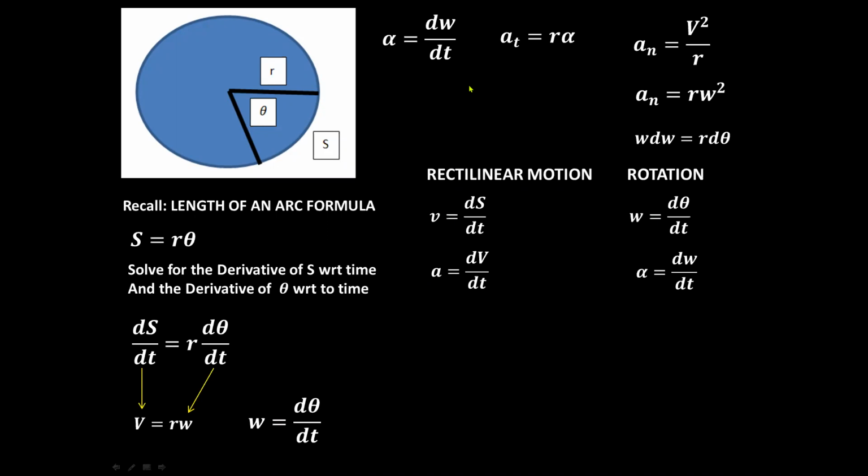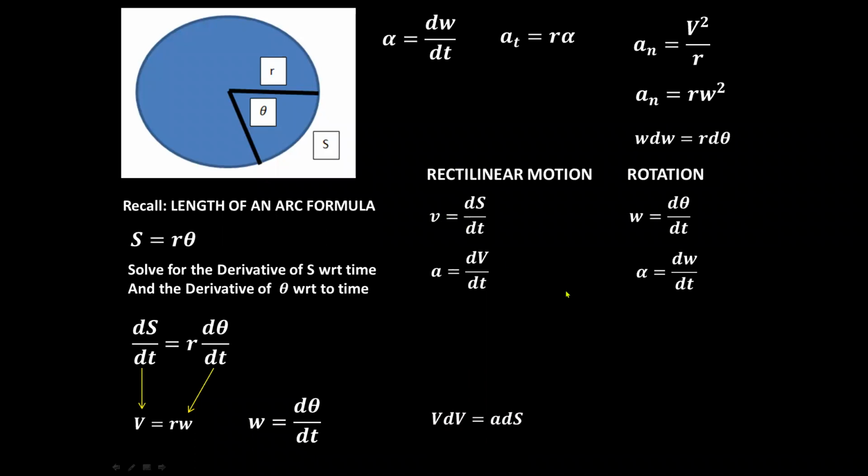Hinahanapan natin ng derivative ang velocity with respect to time, yan ang ating acceleration. Okay? Mamaya, malalaman ninyo kung anong ibig sabihin ng alpha at ng W. Sa rectilinear motion, kapag kinuhanan natin ng second derivative ang posisyon, yan ang acceleration. Kapag ang first derivative ng posisyon, ang hinahanap naman natin is velocity.